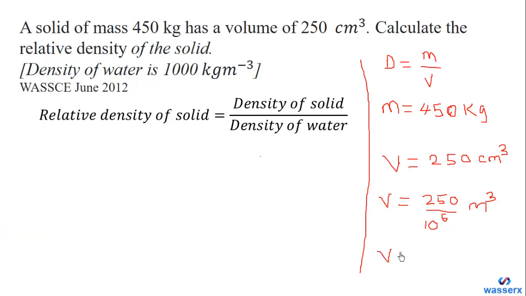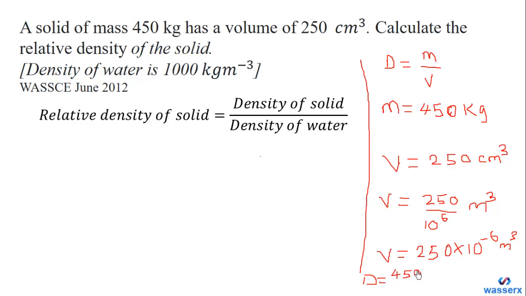We can rewrite this as 250 times 10 exponent negative 6. So that is the volume that we got after converting.